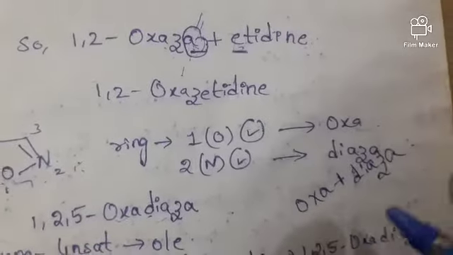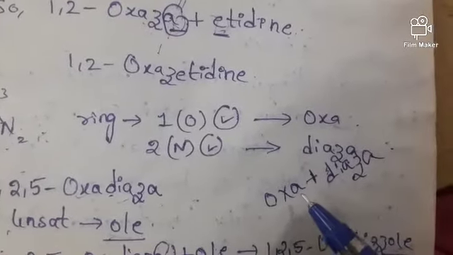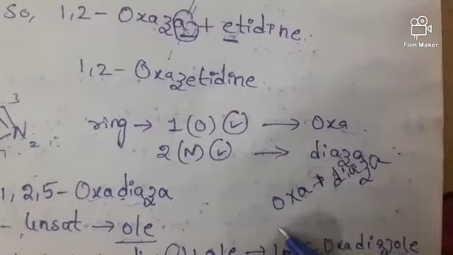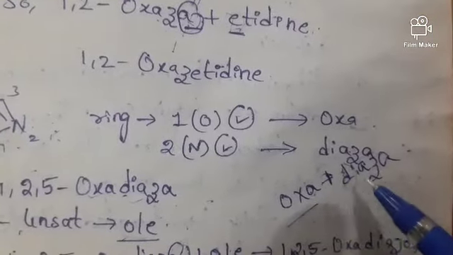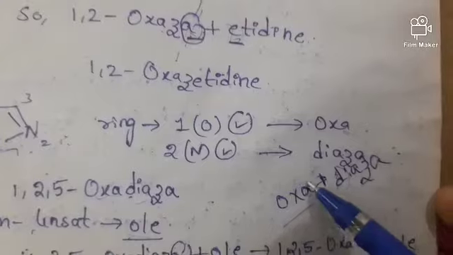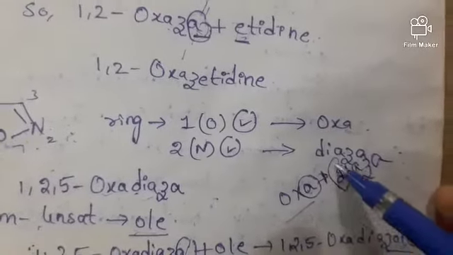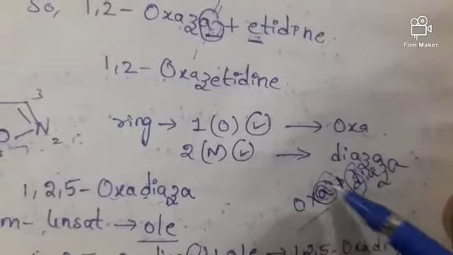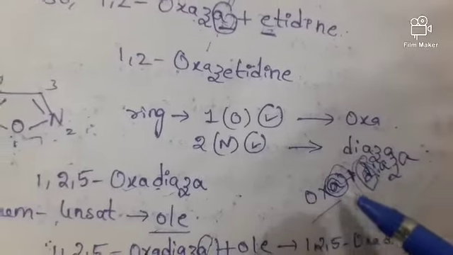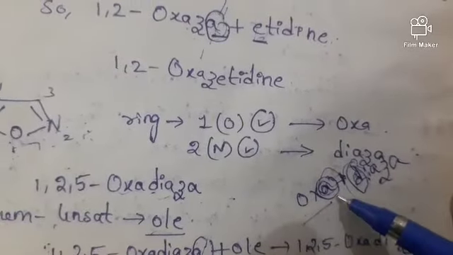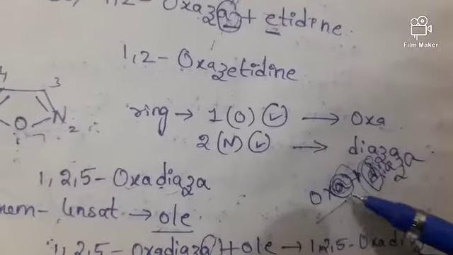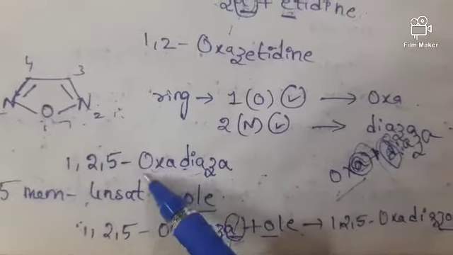I told you that we have to observe the last letter of the first word and the first letter of the next word. Here we have A and D. Of course, A is a vowel, but D is not a vowel, so it should be written as usual. Here we should not omit any letter, so I have written it like this.